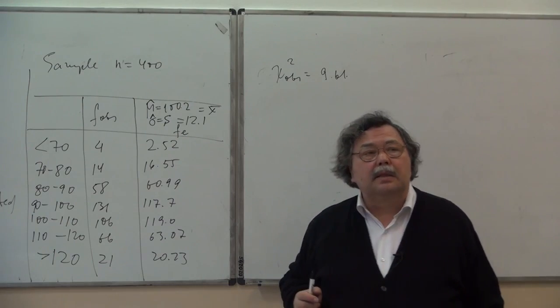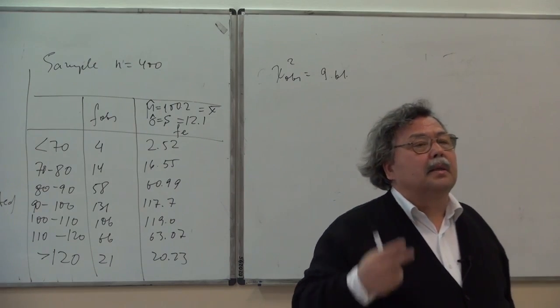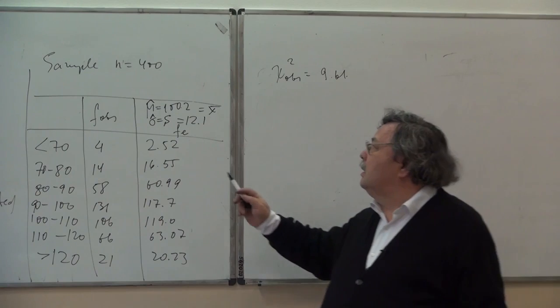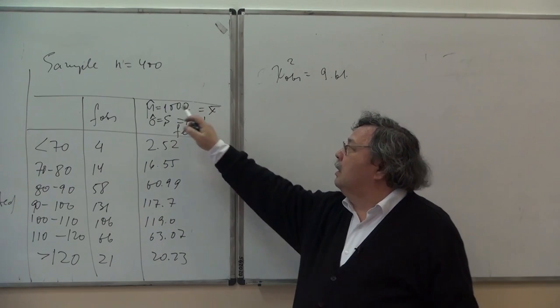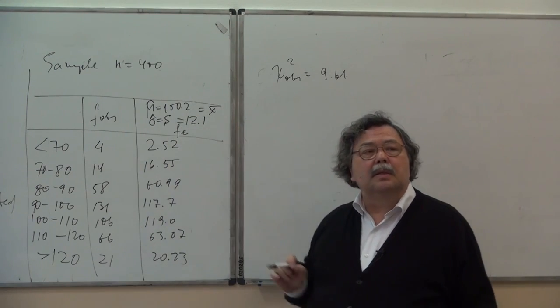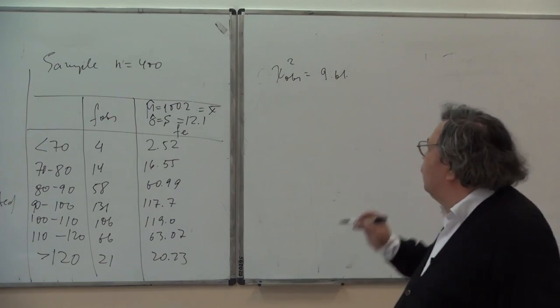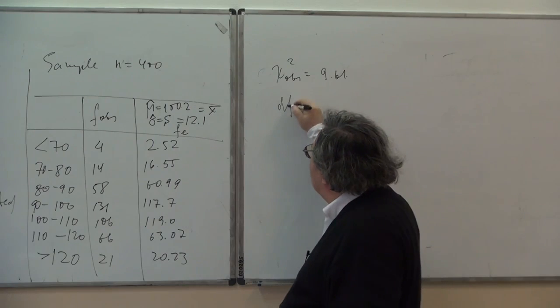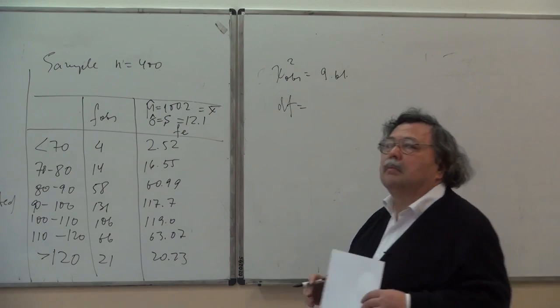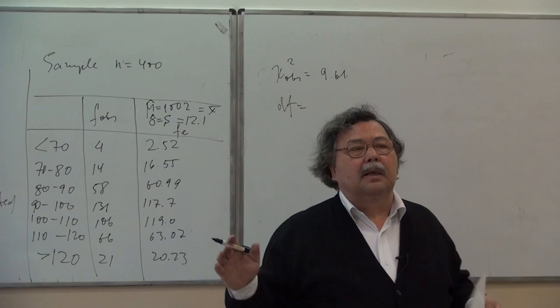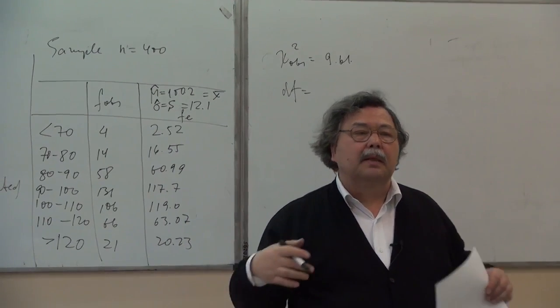actually, we have already used these sample data twice. We used these data to compute the sample mean, and we used this data to compute the sample variance. So the number of degrees of freedom here, well, I understand and I admit that here I am not being very formal.